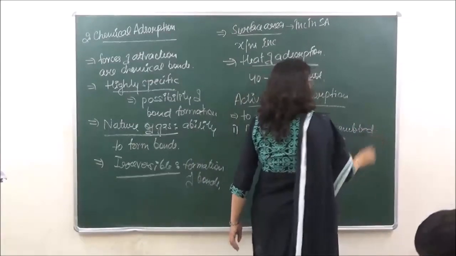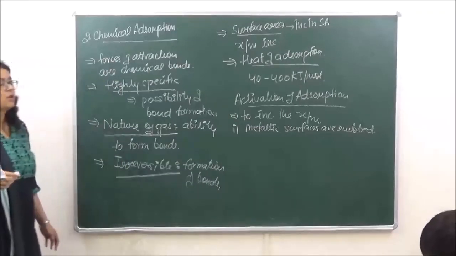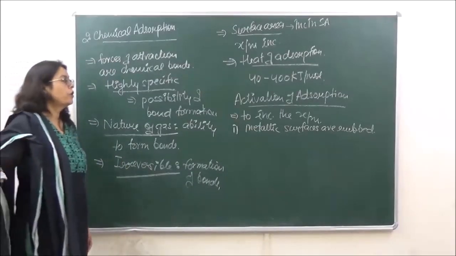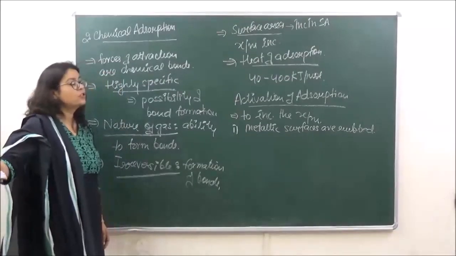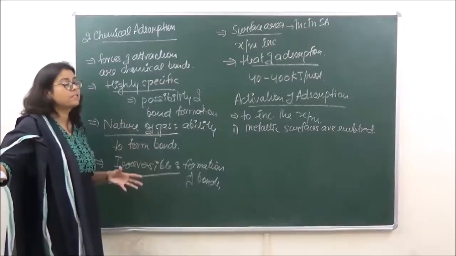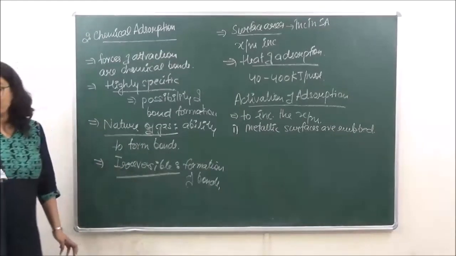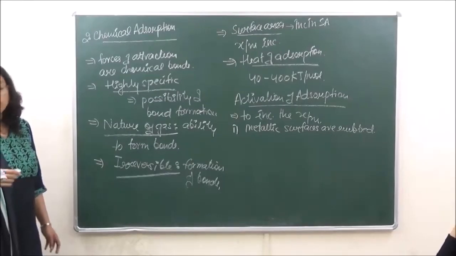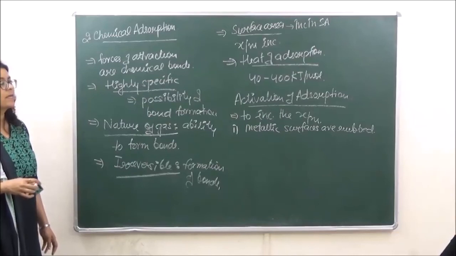By rubbing, the surface will become uneven. It is not very smooth, or in other words there are going to be residual forces. So metallic surfaces are rubbed together in order to make the surface activated towards adsorption.